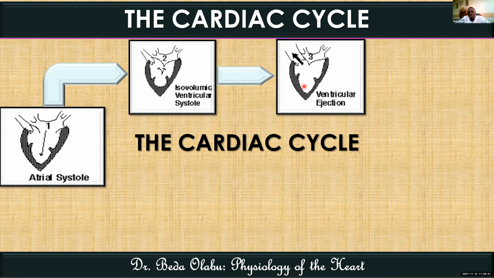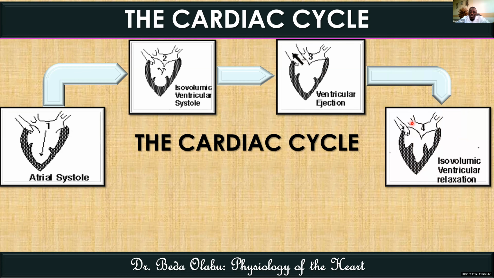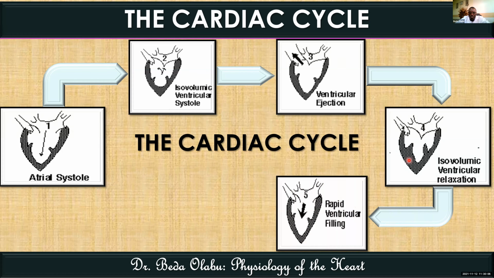At the end of full contraction, the ventricles will begin to relax and semilunar valves will close. And so we call that isovolumetric ventricular relaxation, during which we hear the second heart sound, S2. As the ventricles relax, the pressure here decreases, and so atrioventricular valves will open, making blood move from the atria to the ventricle in what we call rapid ventricular filling, during which we hear S3.